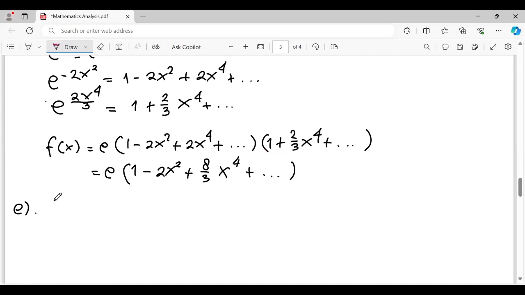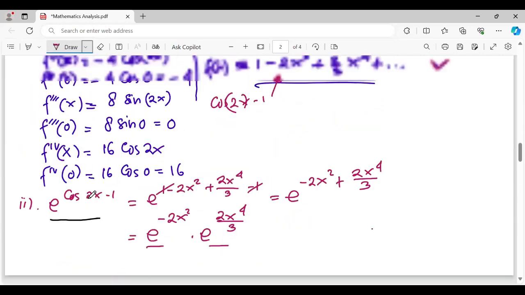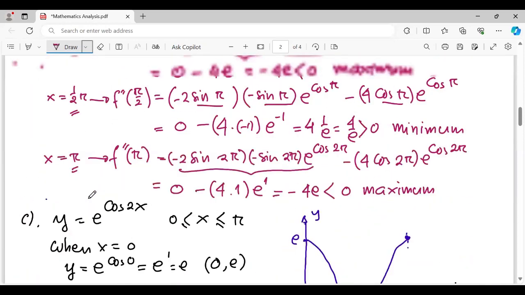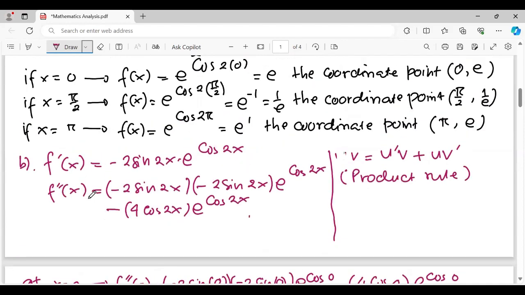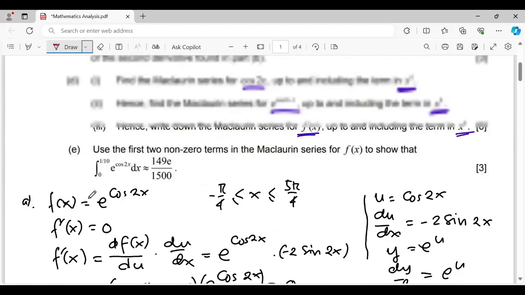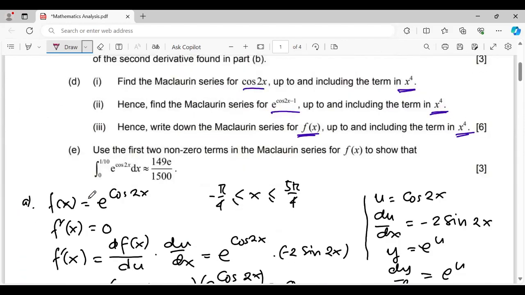Integral, let's check first. Integral, okay, 0 to 1 over 10 of f(x).